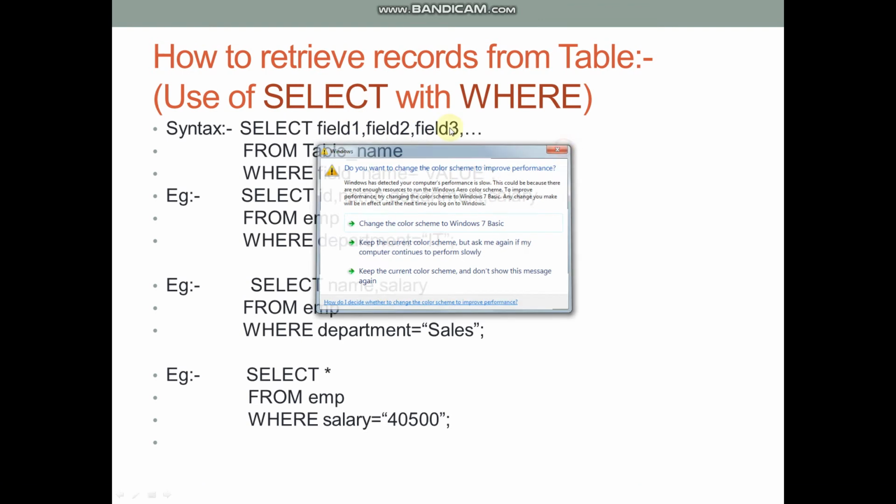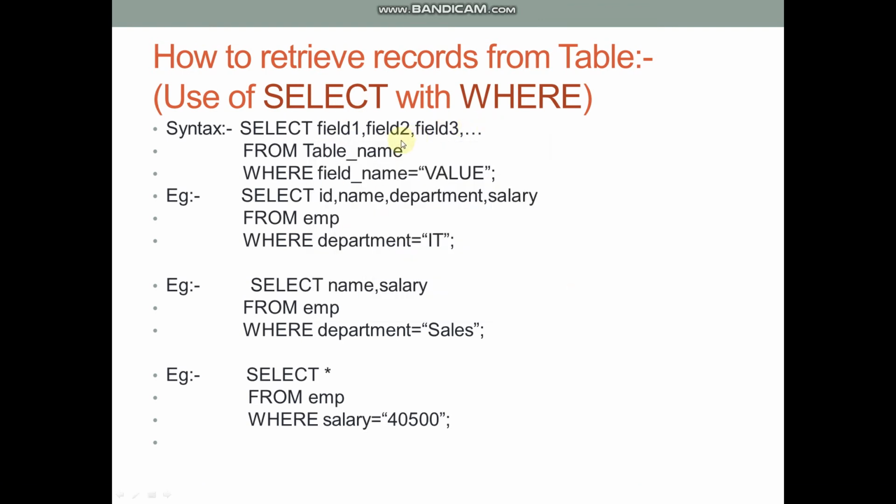Whatever fields you want to display, you use those field names in front of the select clause. The from clause, as I told you before, always specifies the table name from which these fields should be selected.